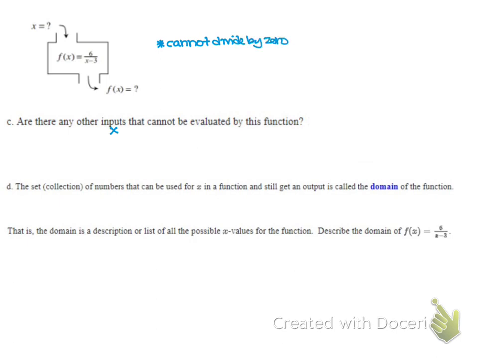That's big. So why was plugging in 3 an issue on the previous slide? Well, if you take a look back at the machine inside where I just highlighted, if x is equal to 3, then we are trying to divide by 0.